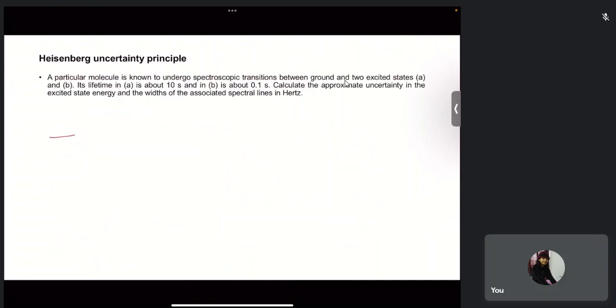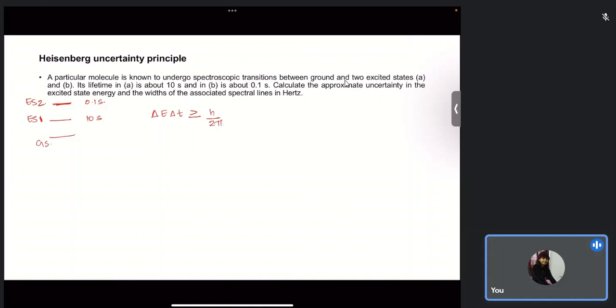This is a ground state, this is excited state 1, this is excited state 2, and the lifetime of the molecule in excited state 1 is 10 seconds, and the lifetime of the molecule in excited state 2 is 0.1 second. Heisenberg uncertainty principle says that delta E into delta T should be greater than or equal to h by 2 pi.